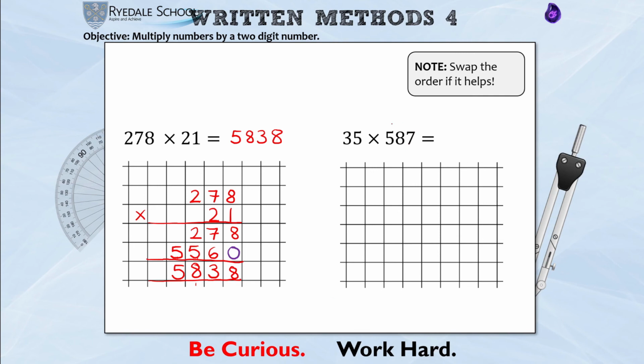So I'm going to set this up as 587 times 35 instead. So 587 times 35. I'm going to pop my 0 in so I don't forget later.